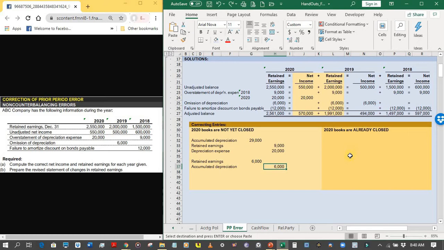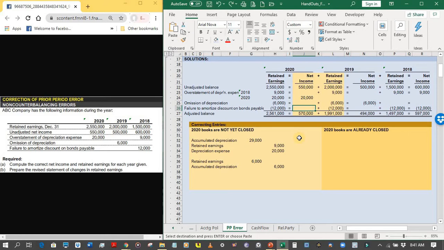So let us now proceed to the last error, which is the failure to amortize discount on bonds payable, or the understatement of interest expense. Since this is a prior period error, this has no effect on the 2020 net income, so we are not going to use any nominal account.